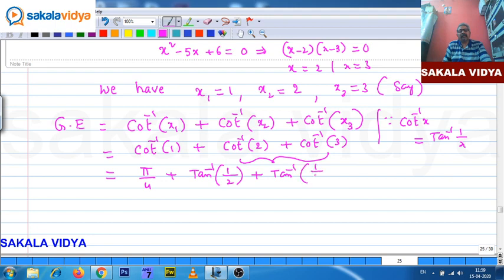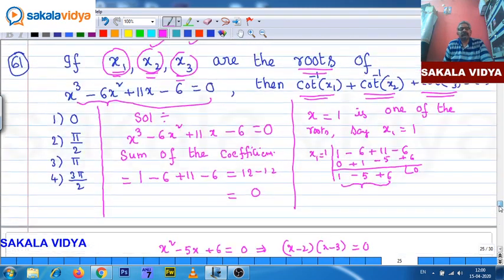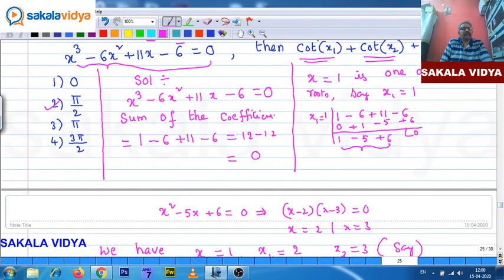Already we have studied tan inverse 1 by 2 plus tan inverse 1 by 3 is also pi by 4. Pi by 4 plus pi by 4, 45 plus 45 is 90, pi by 2 is our answer. Second option is the right option.